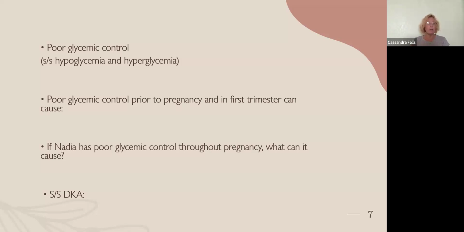So when we induce a diabetic mother, we typically think, oh, we're inducing her because the baby's going to be so big. But we know that the risk of stillbirth increases with later gestation. So it's not always just because the baby's big, it's because they're at higher risk of stillbirth.